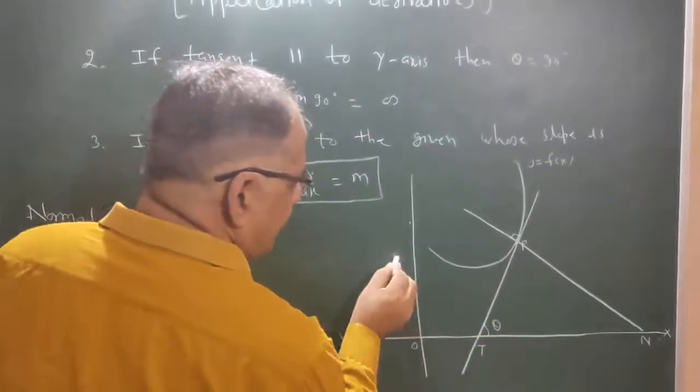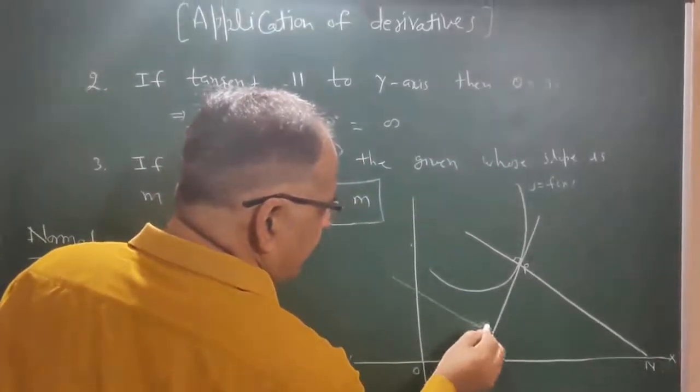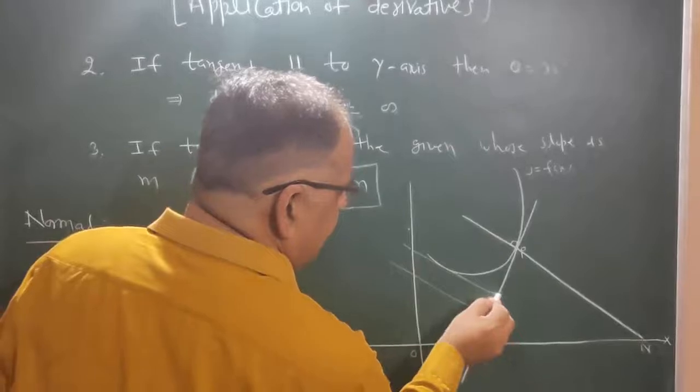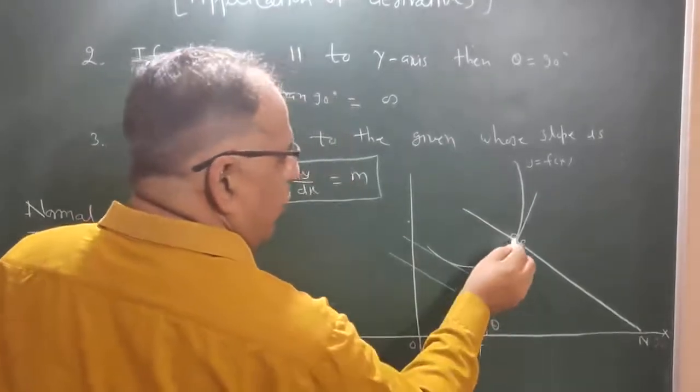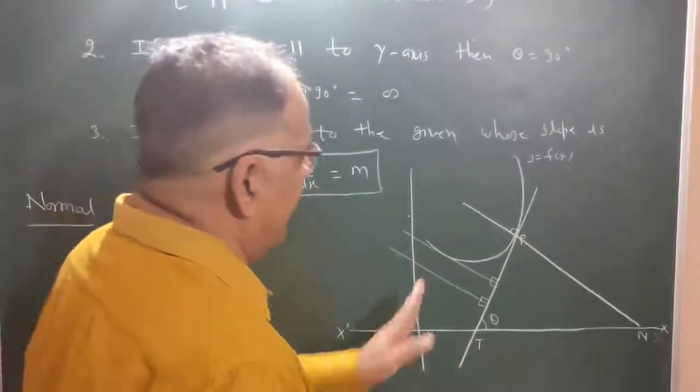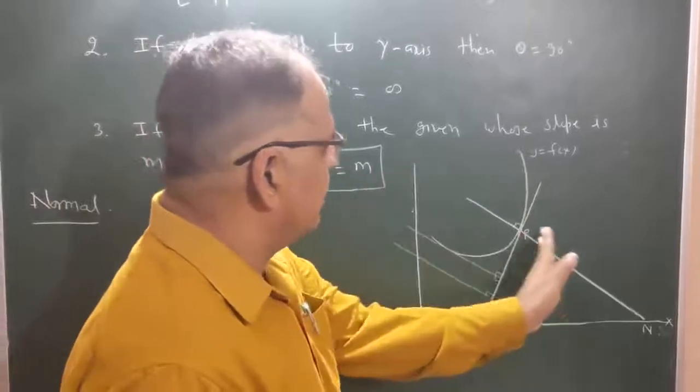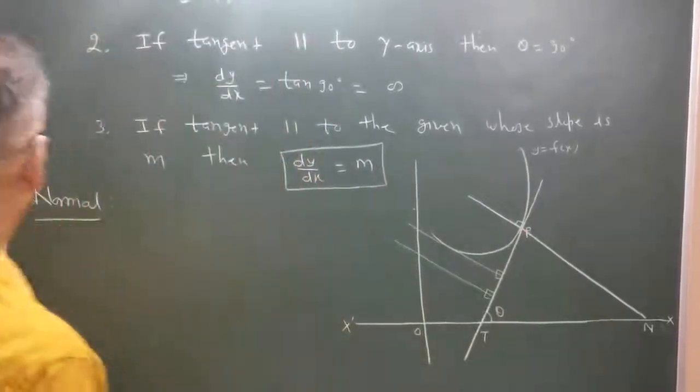There are various lines which are perpendicular to the tangent, but these are not the normal. Only a line which is perpendicular to the tangent and passing through the point of contact is called the normal.